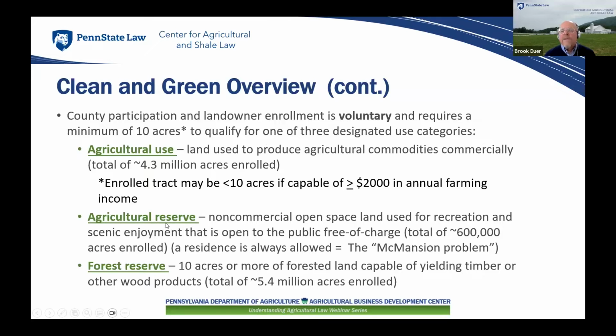There is a lot of legacy enrollment in situations where there probably is not recreational use being made of that land, and it is not free of charge to the public. That's a hot issue and a bit of a sore spot, and that's something maybe we'll address some other time in the future. I don't want to get bogged down in that now. That is certainly one of the things that detractors of the program like to point to.